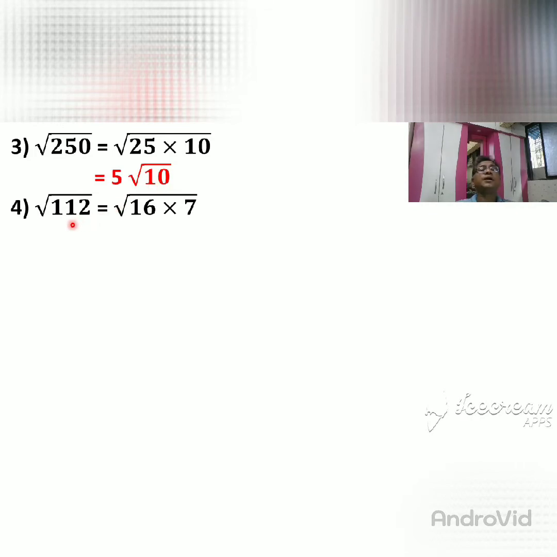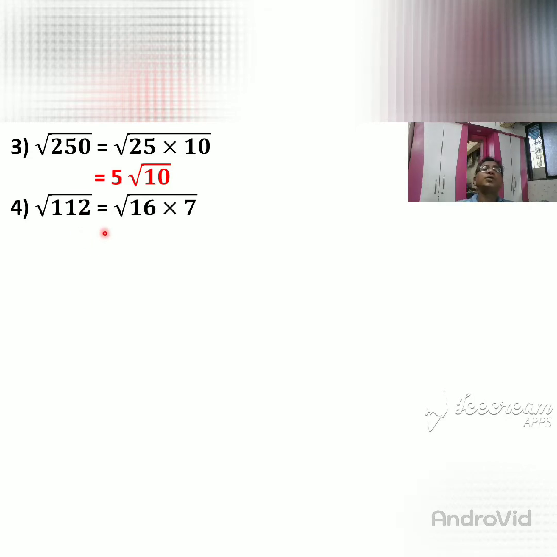Here is 112. Okay. So you want to find the square root of 112. I know it is a square root because the order is 2. So the square root of 112. The number 112 is factorized in such a way that one number's square root can be found.